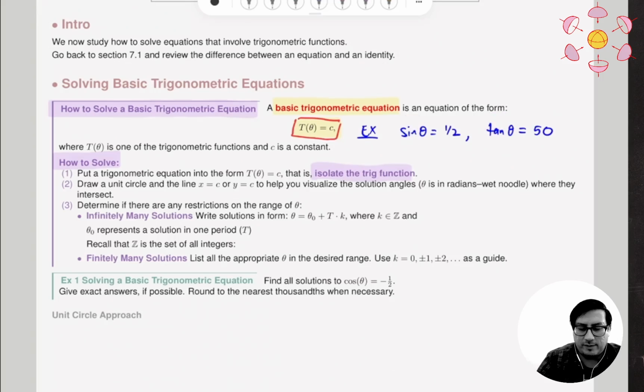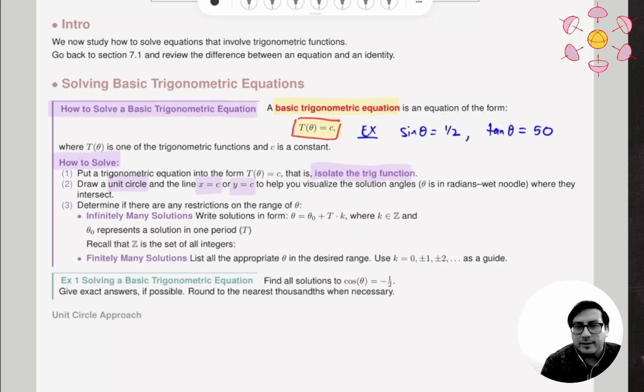Once you do that, my tip is to draw a unit circle, and you're going to draw a line x = c or y = c to help you visualize the angles, remember the wet noodle, where they intersect. Once you've drawn that, you're going to determine the appropriate range of values for theta. That will give you the solution.